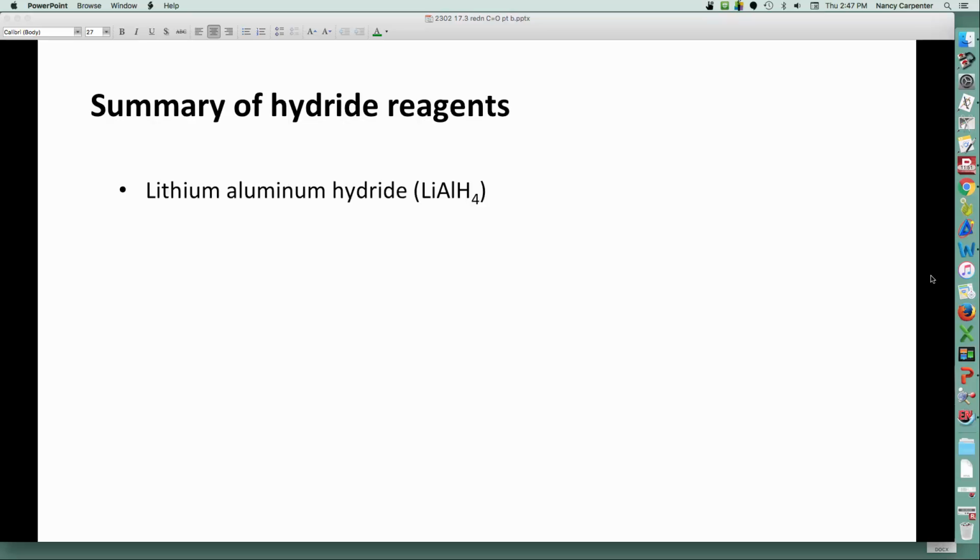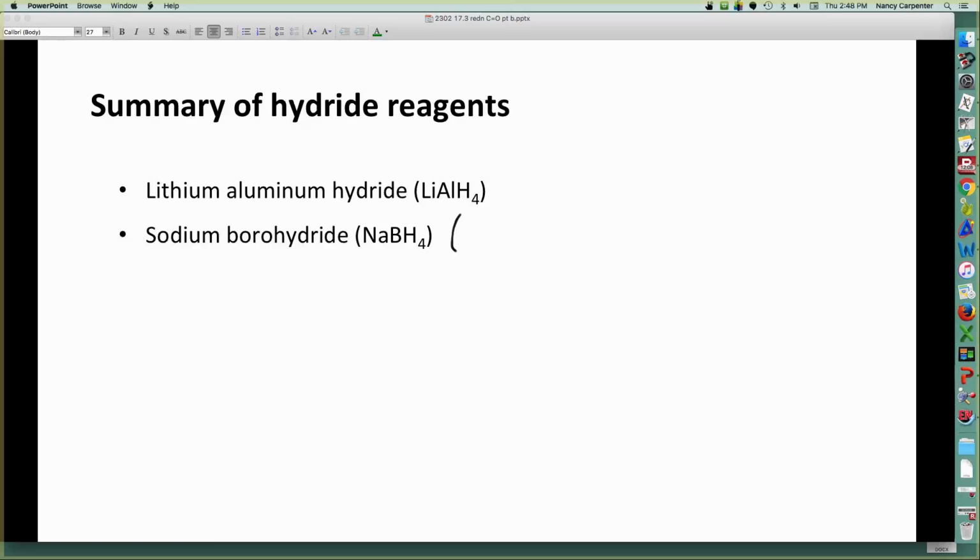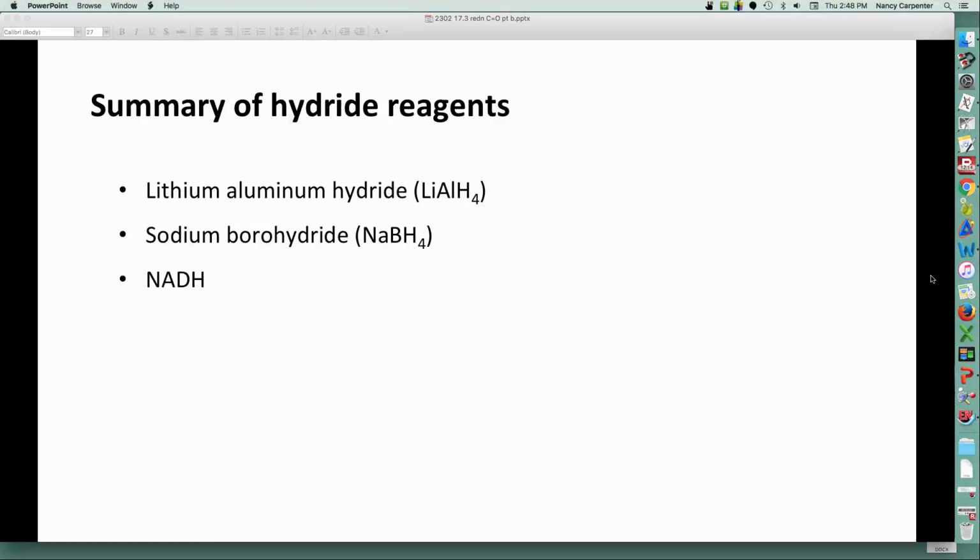All right, to summarize, lithium aluminum hydride is the elephant gun of all hydride reducing agents. Used with care, it will reduce ketones and aldehydes easily down to alcohols. Sodium borohydride, nice and mild. It's not going to be a problem if you even want to use that in a protic solvent, no problem. NADH, well, you're not going to use that in a beaker, but it's happening in you even as we speak.